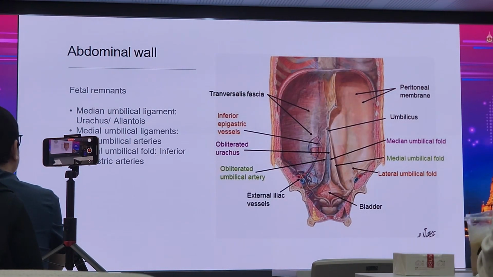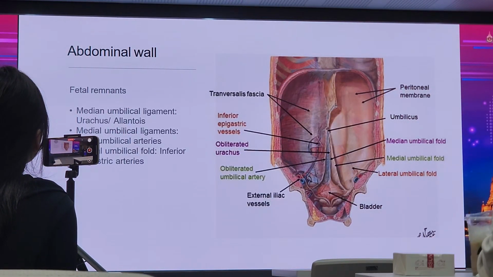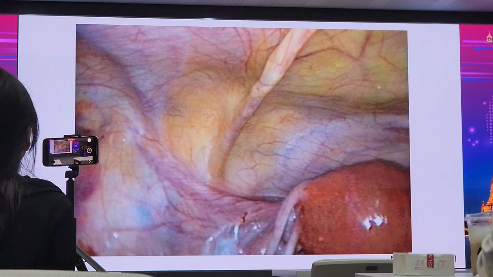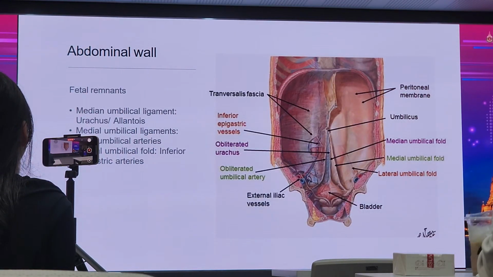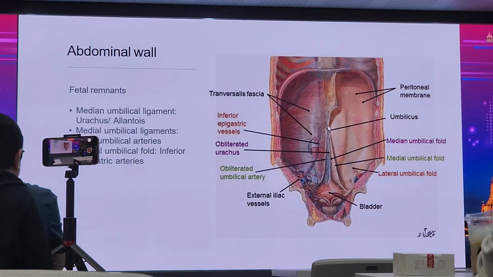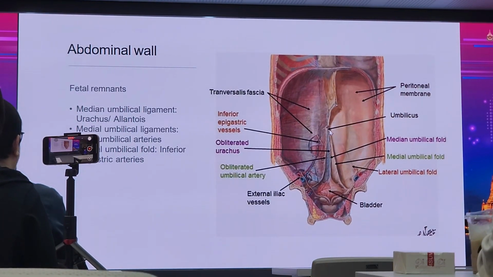When looking from the inside, you place the scope in, you place the ports in, and then you look up, and you will see there are many folds here. This is after the peritoneum is dissected. You will see a total of five folds on the abdomen. The middle one is the urachus, which is connected to the bladder, running from the umbilicus to the bladder.